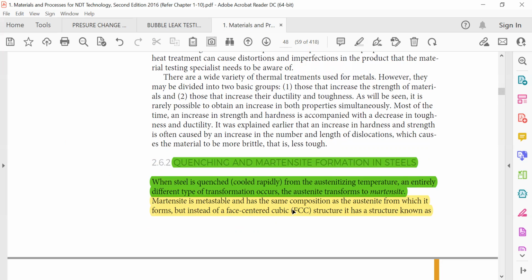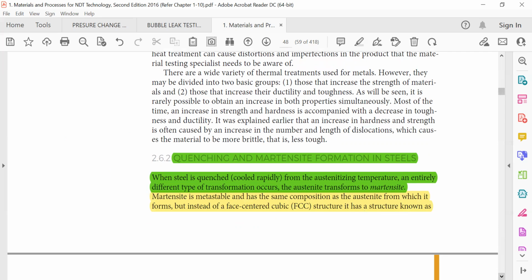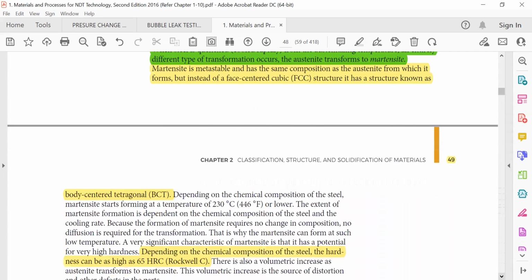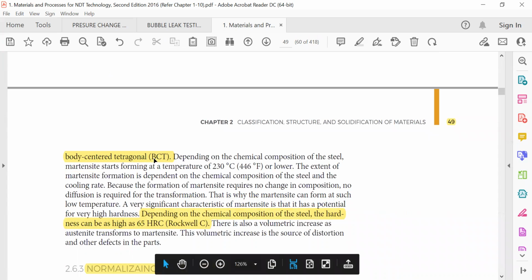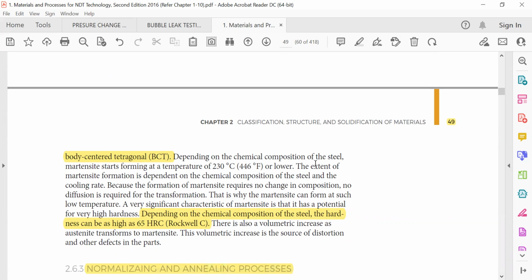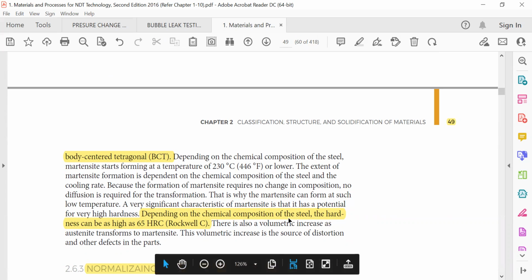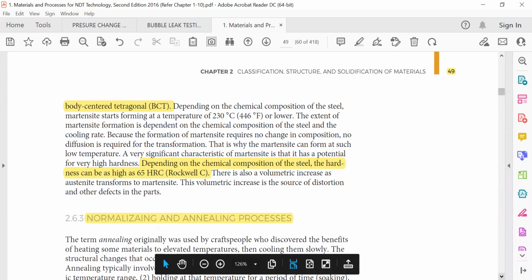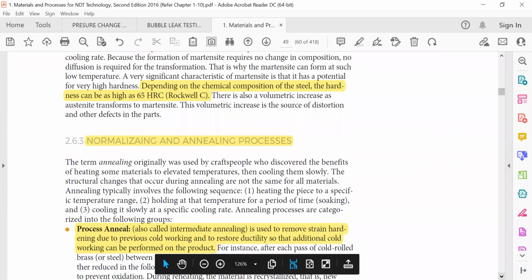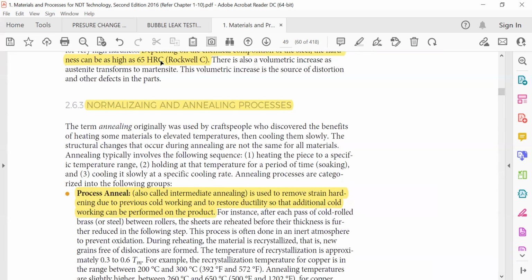But instead of face-centered cubic, it has a structure known as body-centered tetragonal, BCT, and is very hard and brittle. Depending on the chemical composition of the steel, the hardness can be as high as 65 HRC. So after this hardness, you have to temper it.